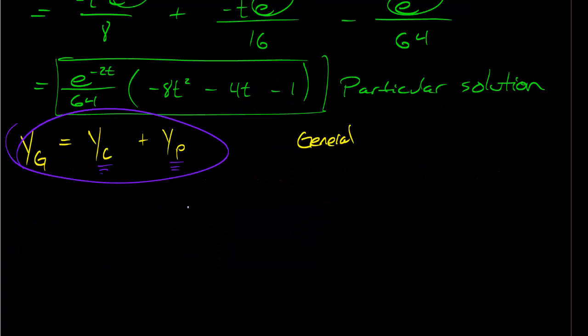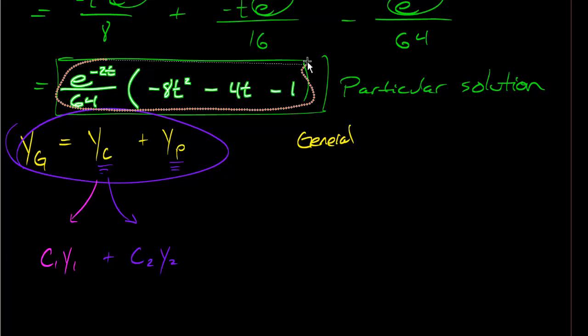And we can form that very quickly. Y sub c, that came in two parts. C1 y1 plus C2 y2 and we've got y sub p right here.